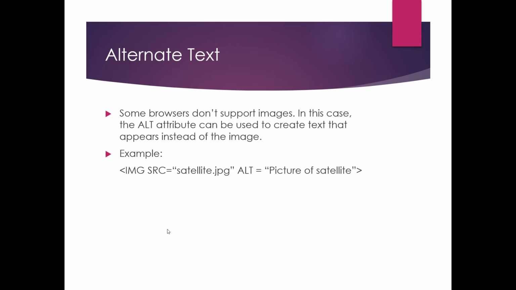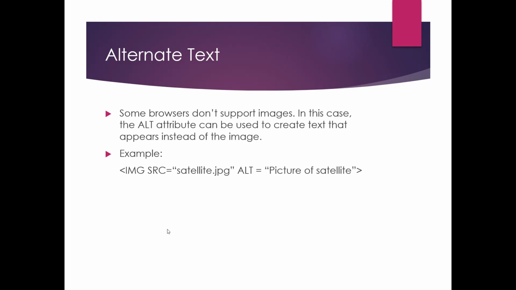Then comes the alternate text part. Whenever you're browsing something on Facebook or anywhere, if your cursor lands on the image, you see some text, and that text defines what the image is all about. This is basically alternate text. The tag remains the same. We just need to add the alt part: we write the image source, and the image source name is, suppose, satellite.jpg, in double quotes.